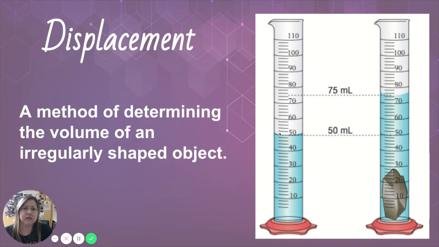So if our starting volume is 50, we've added the rock now and our ending volume is 75, then all we have to do is subtract. 75 minus 50 gives us 25 milliliters. So that tells us that the 25 milliliters that was displaced is the volume of the rock. And this is tying in Archimedes' principle.